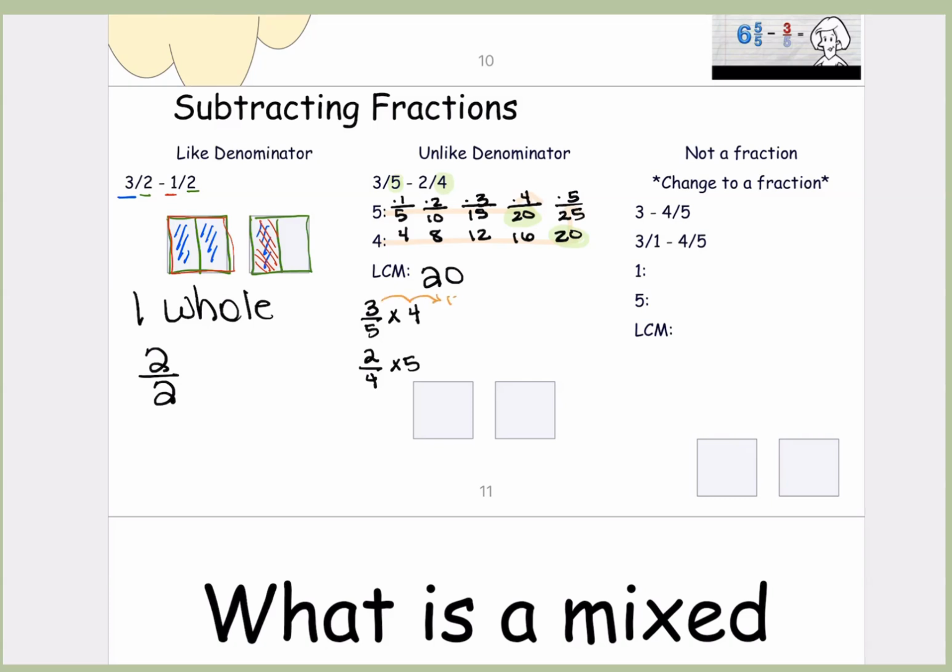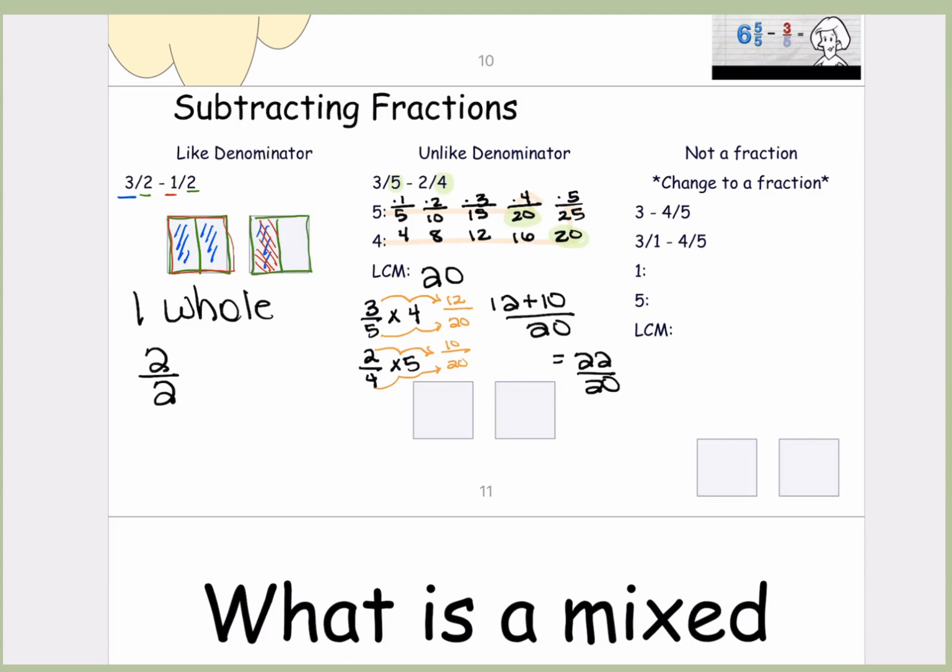3 times 4 is 12. 5 times 4 is 20. 2 times 5 is 10. 4 times 5 is 20. So what we have here is 12 plus 10 over 20, which gives us a value of 22 over 20.